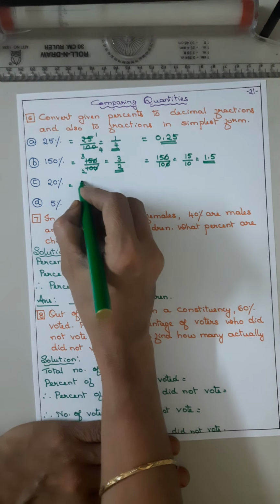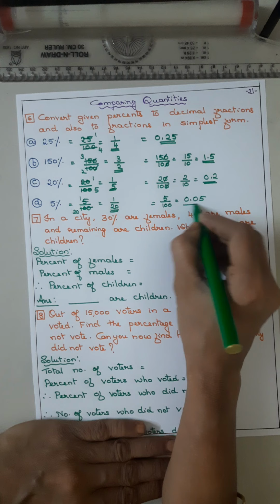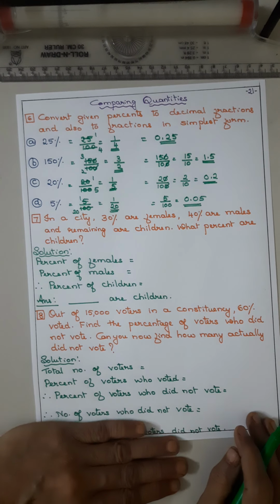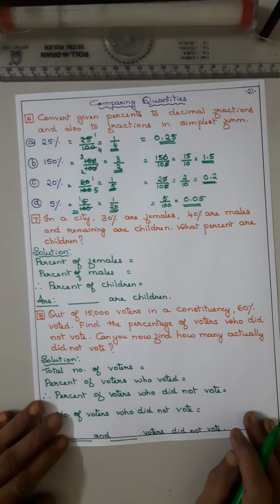Now 5%, 5/100: 5 1s are 5, 5 20s are 100, so it is 1/20. And if you are writing it in decimal, it is 5/100 only, so 2 zeros, 2 decimal places, it will be 0.05.